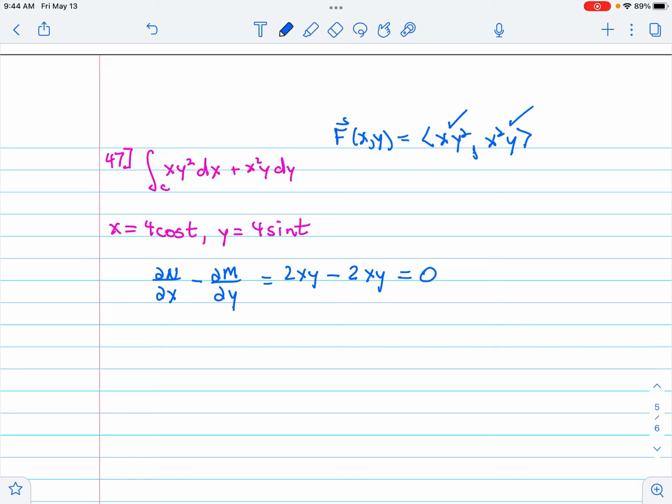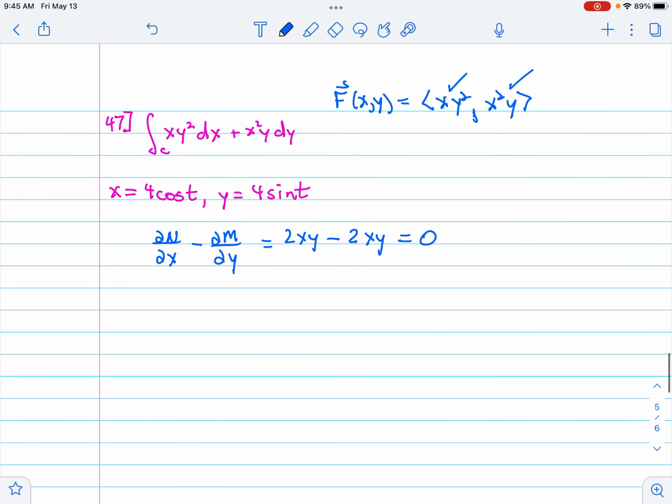So we tried to use Green's theorem on this one, and we just get 0. This makes the problem super easy for us. What that tells us is that this vector field is conservative. So when you integrate a conservative vector field over a closed curve like that, you're going to get 0.